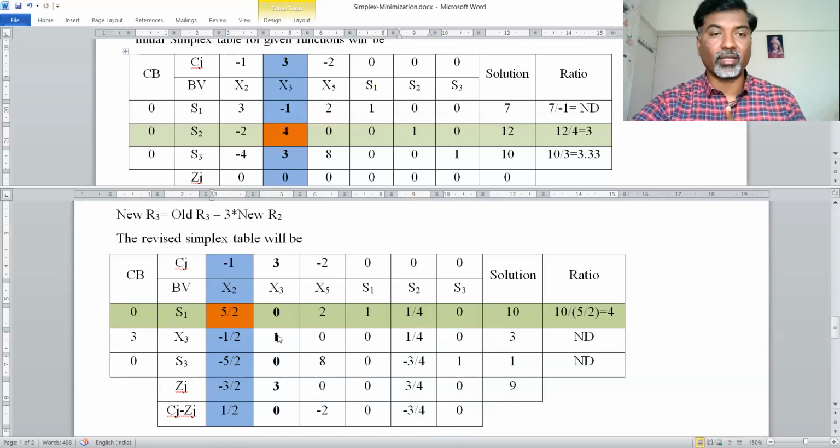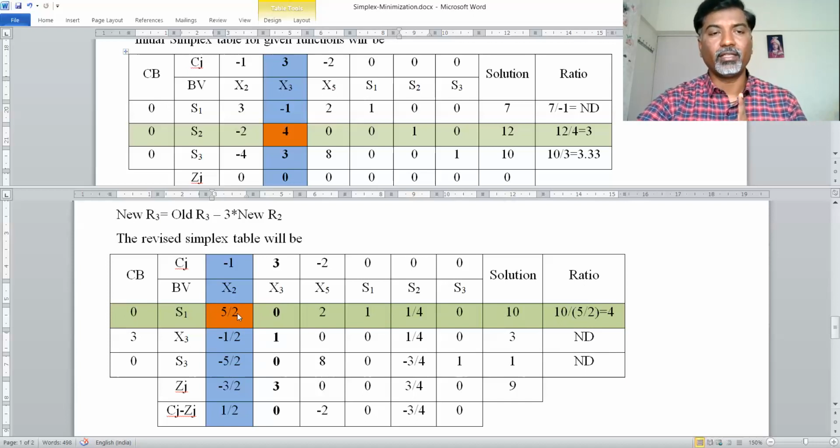As we know, you cannot divide by a negative value, so not defined. Which is the minimum value from these ratio values? Only one value we found, that is 4. So we have to select this row as the key row because this row has the minimum ratio value. The cell at the intersection of the key row and key column is called the key cell.